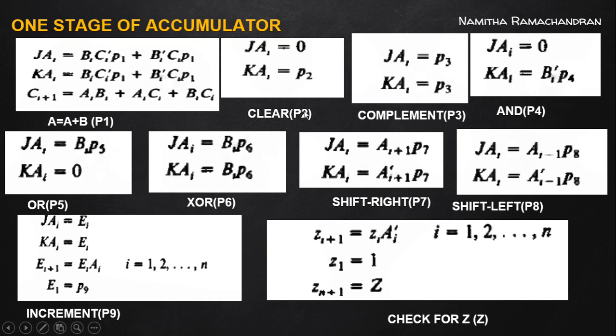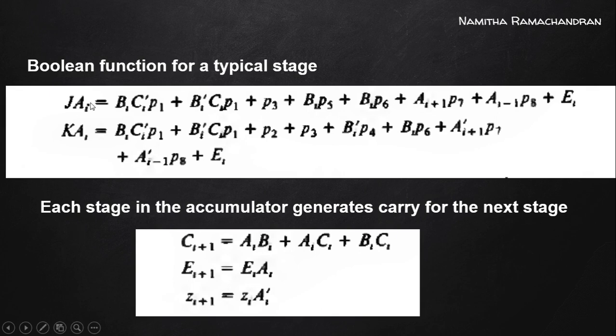Now we need to collect together all J expressions and K expressions, and the C output, E output and Z output. After collecting all these terms together, J terms together, K terms together and C, E and Z terms separately, the Ji term becomes like this.